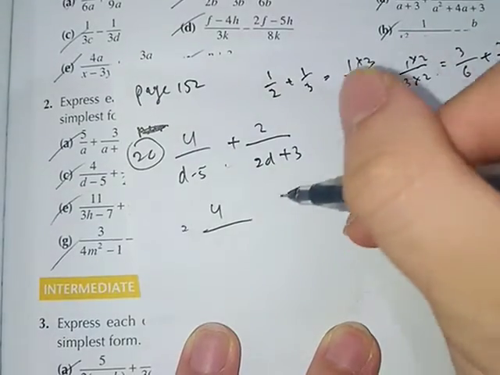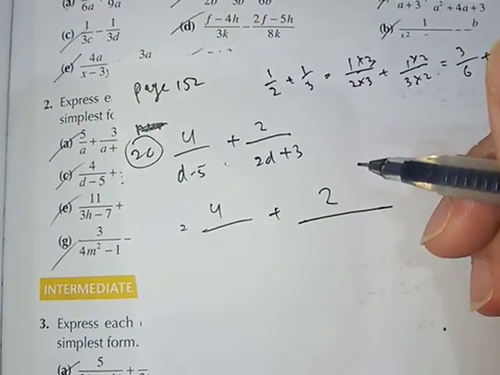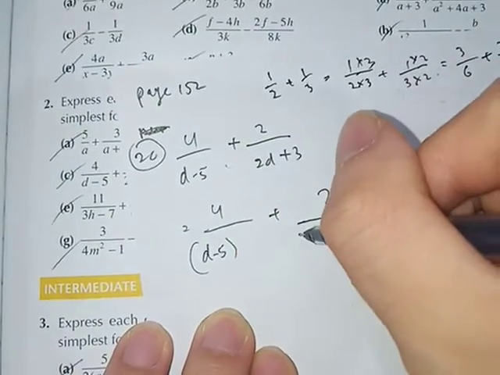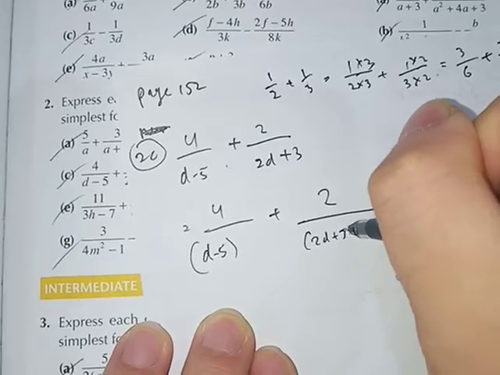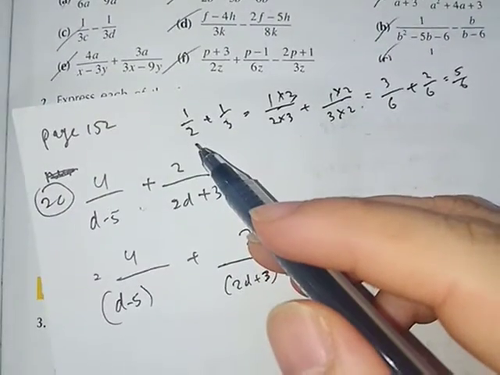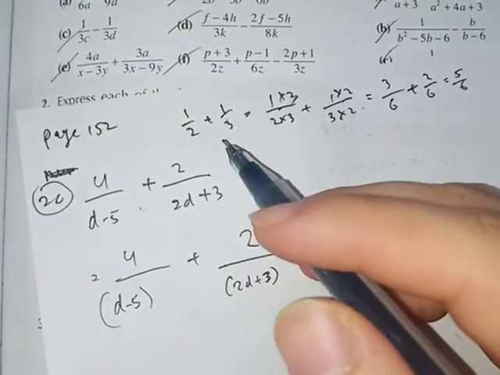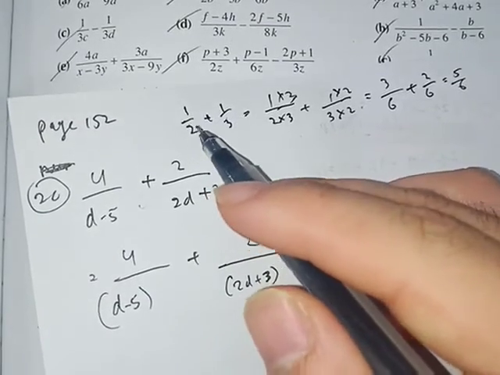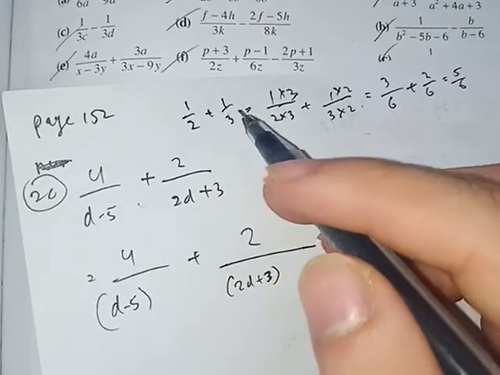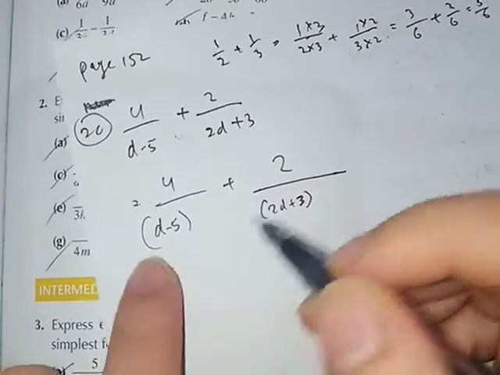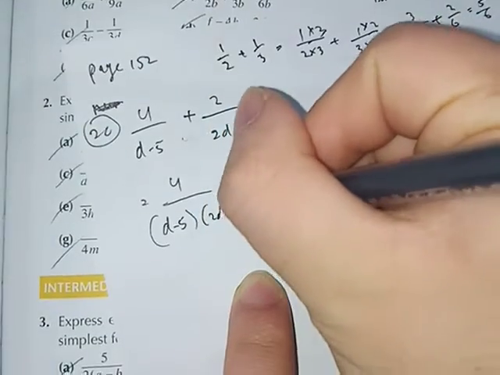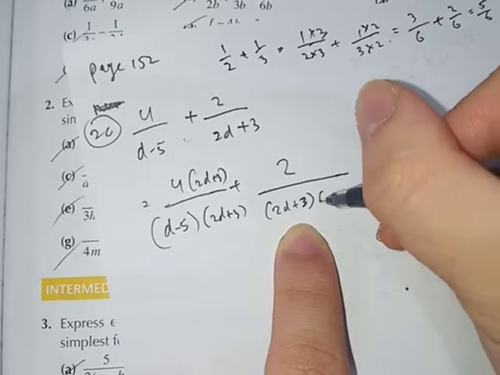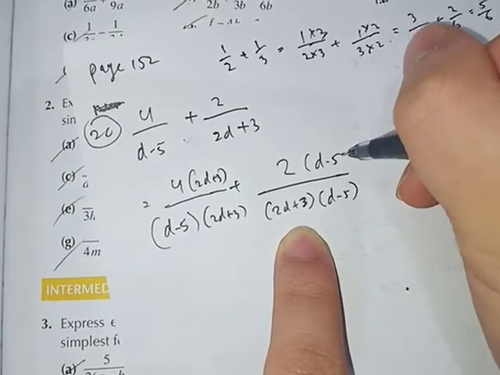So what is the least common multiple of these two, you may ask. It's very easy, just like you find the least common multiple of 2 and 3. You just times each other, right? So 2 you times 3, 3 times 2. So same thing, 2d minus 5 times 2d plus 3, while 2d plus 3 times d minus 5.